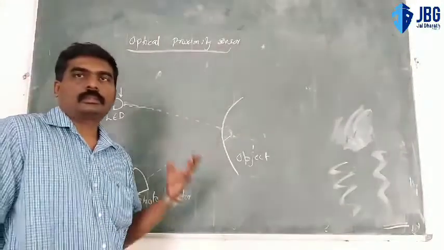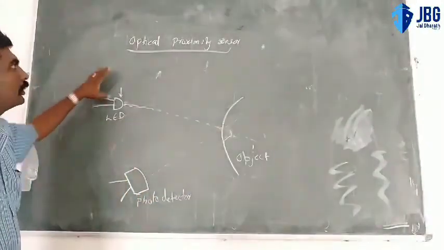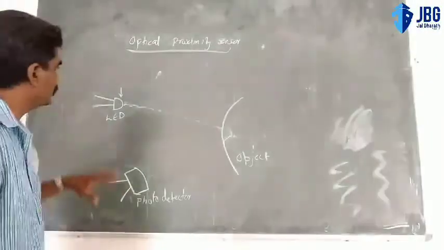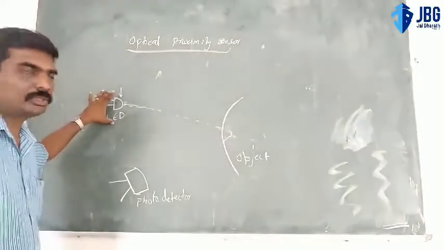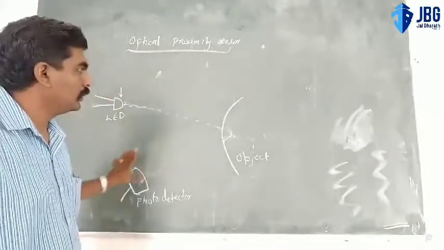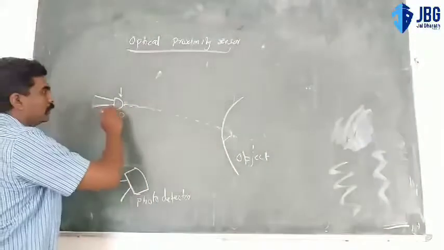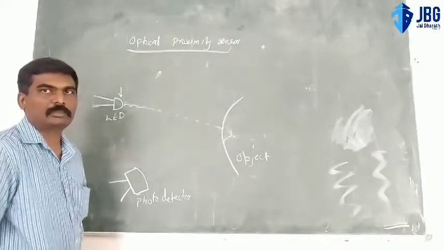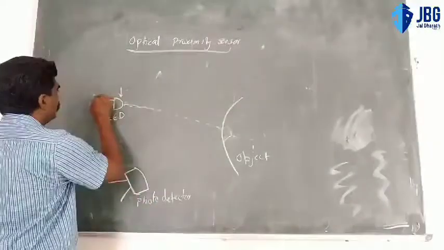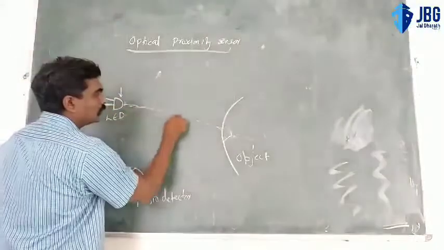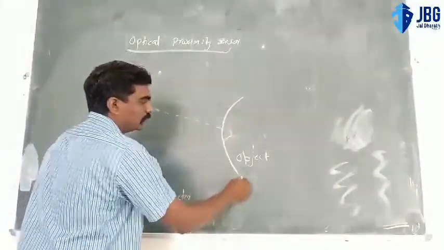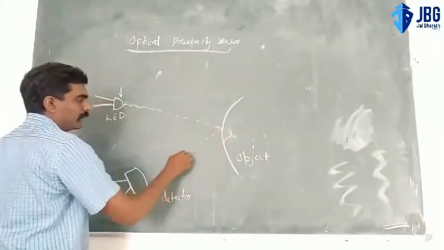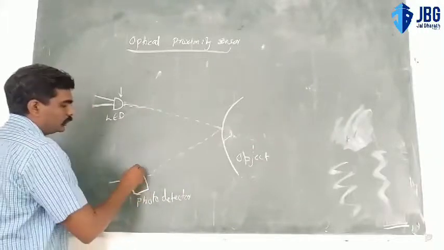See, this is a simple circuit. In order to detect the proximity using an optical proximity sensor, we require an LED source and a photo detector. It is arranged so that at a particular distance we can detect the presence of an object. Here, light from the LED source will hit the target, if there is an object, and will reflect back to the photo detector.